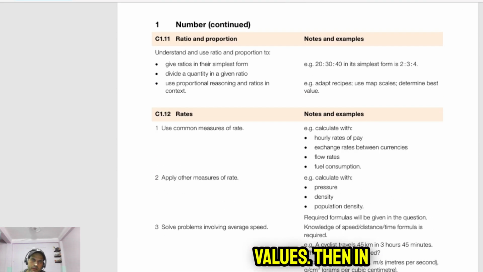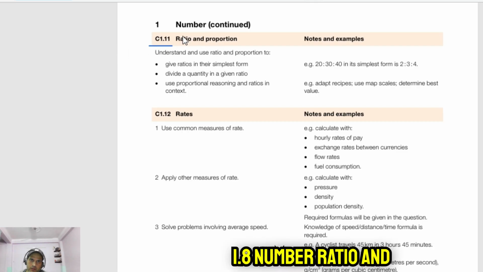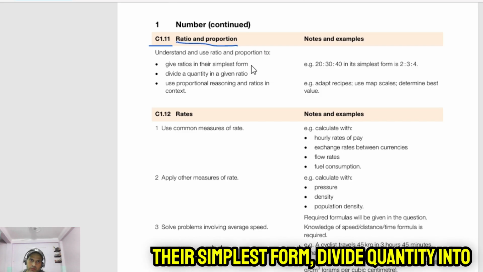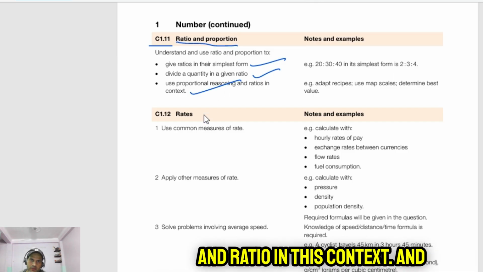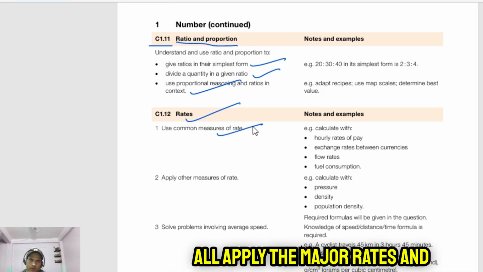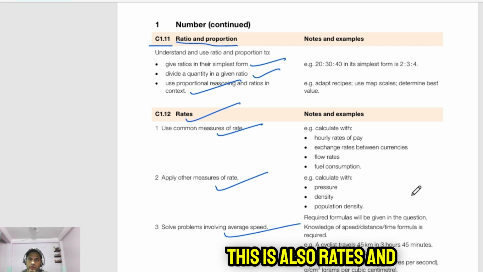Then in the number chapter, it's a big one, ratio and proportion. We will see ratios given in their simplest form, dividing a quantity into a given ratio, and using proportional reasoning and ratio in context. And then rates and common measures: apply the measure rates.